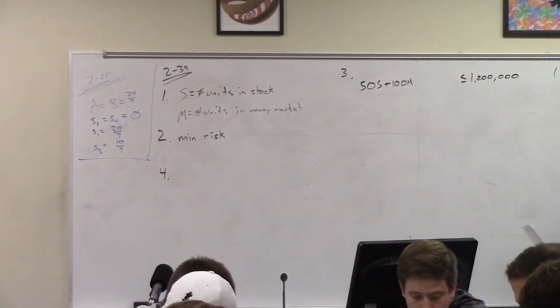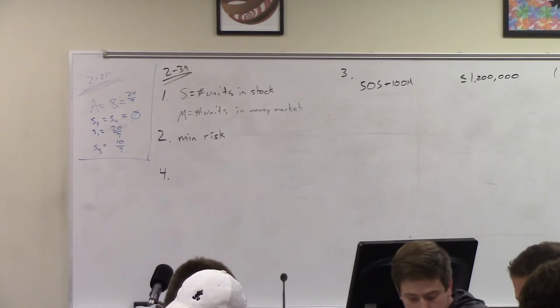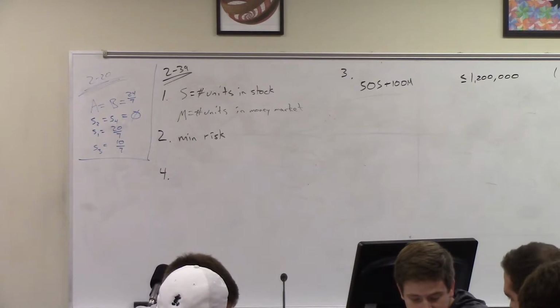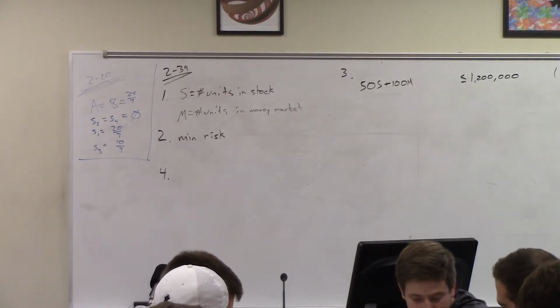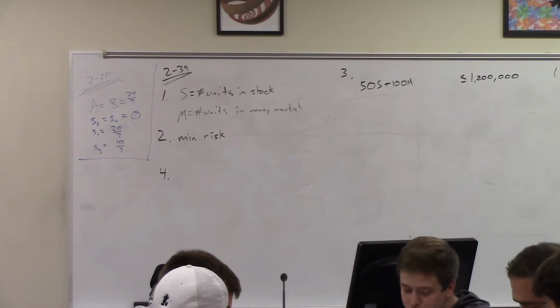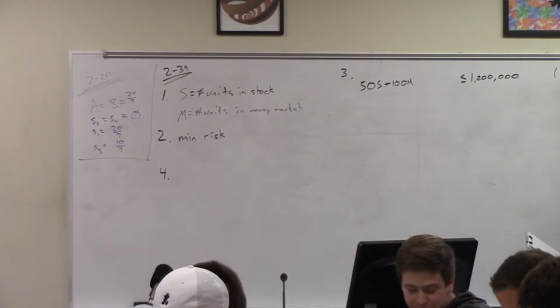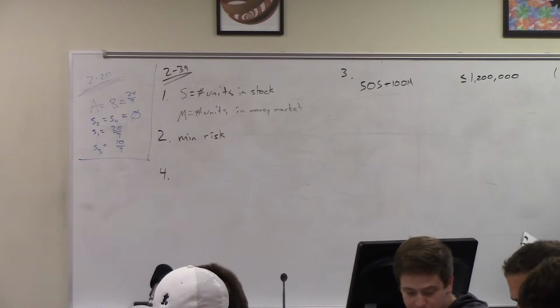The price, so it's $50 per share that you're buying in the stock fund versus the money market at $100. Okay, so this equation then represents the total amount of money that you're willing to invest, right, total investment, right?